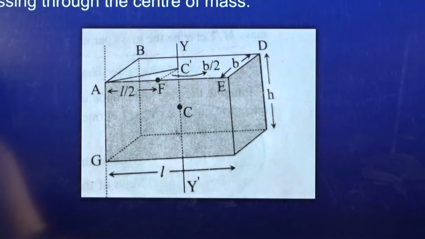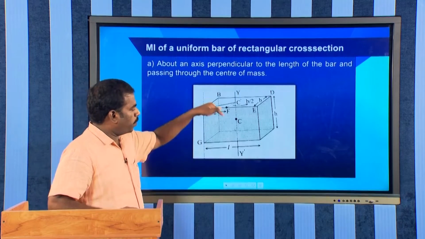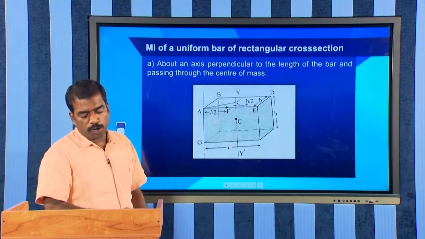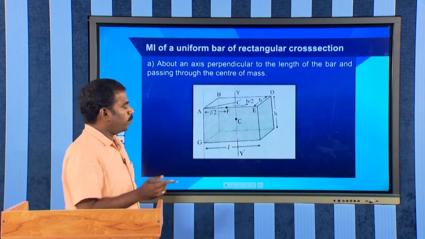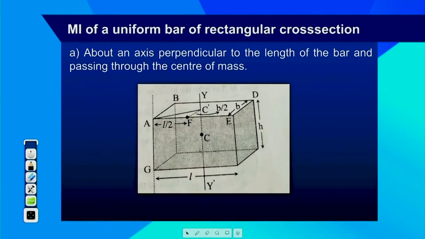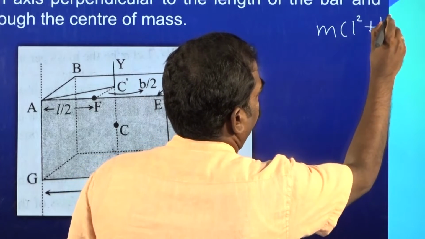Consider one such lamina of mass small m. We have already discussed that the moment of inertia of a rectangular lamina about an axis perpendicular to its plane and passing through the center of mass is given by m into (L square plus B square) by 12.